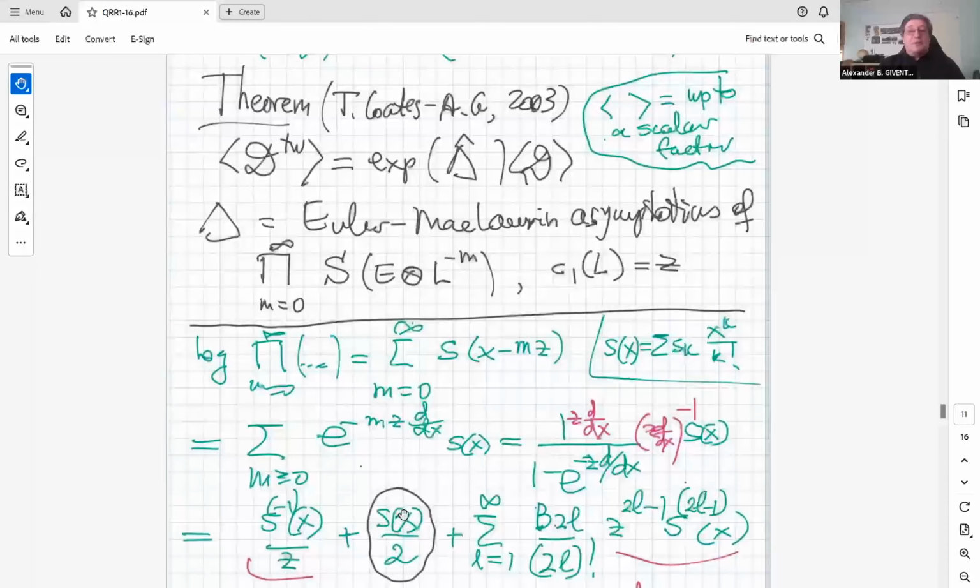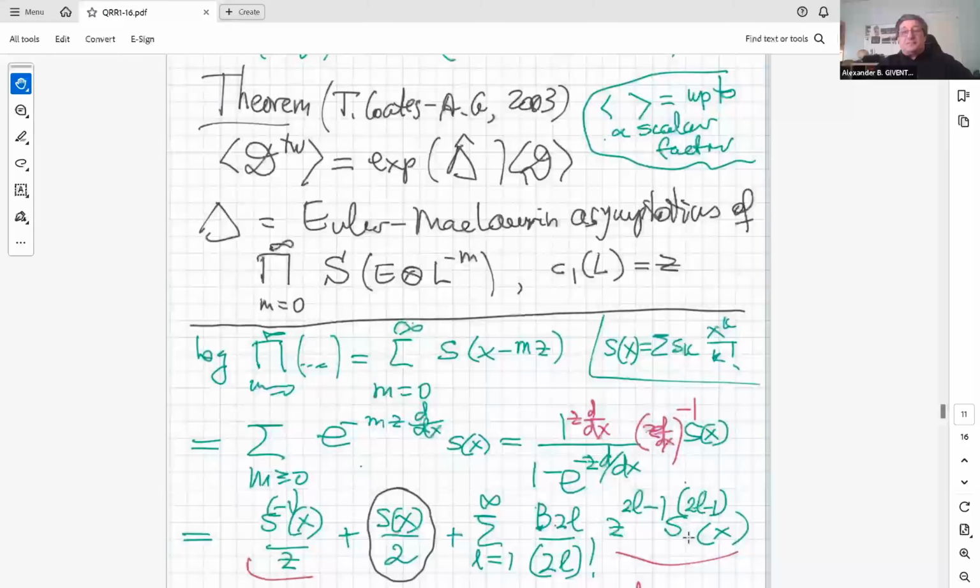The next term is the only one in that Todd series which is not even. It gives you one half of S of x. The rest is the 2l minus first derivative, which is what is left from that series expansion, multiplied by z to the 2l minus 1, and there is a Bernoulli coefficient here with factorials.